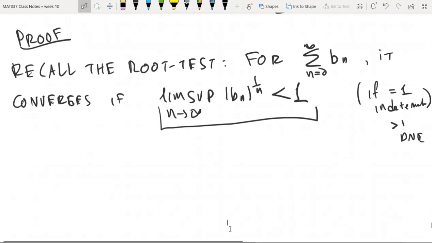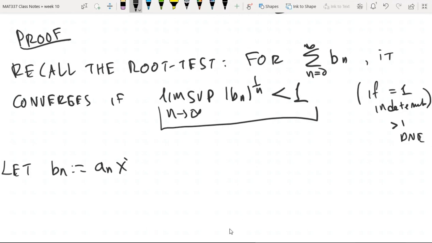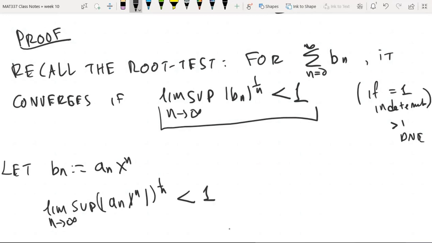So we have that. So let Bn equal an x to the n. And right, so we get lim sup of an xn to the 1 over n, and we ask this to be less than 1.